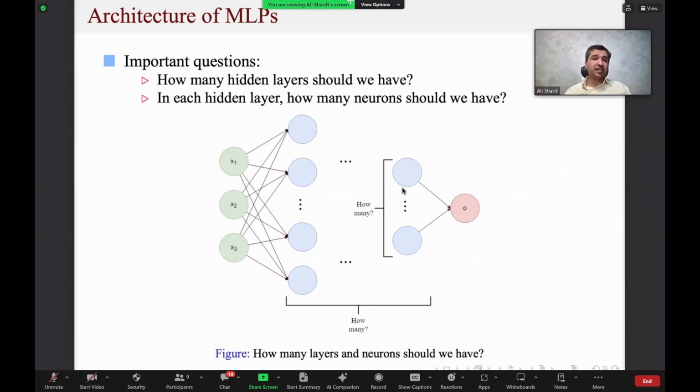The answer is not simple. It really depends on the problem, it depends on the data, and it depends on many other factors. So the best way is to look at best practices and top state-of-the-art models, in order to have an idea of the architecture of the best performing neural networks for this specific problem.